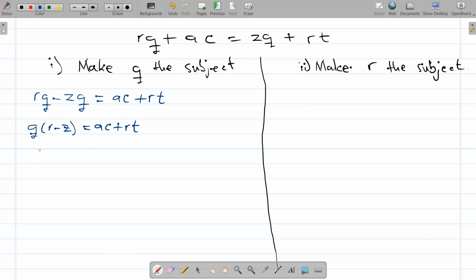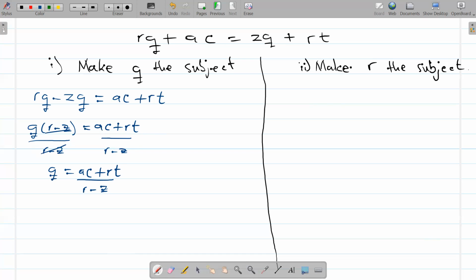Then I divided both sides by R minus Z and R minus Z. So Q equals, the subject here will be Q equals AC plus RT over R minus Z. Minus Z? R minus Z or minus Z? R minus Z. Okay.